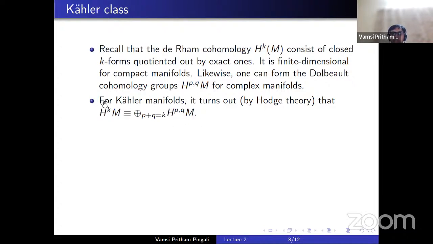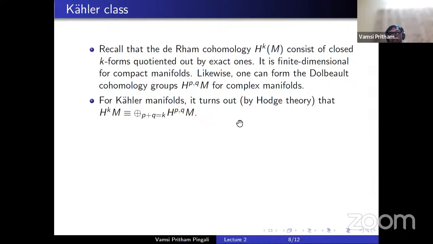If you take this representative and write down its (p,q) parts, those will all satisfy the desired PDE, and they will all be the canonical representatives for these classes. That's how this works. The Kähler condition is used to conclude that if you take the (p,q)th part of the harmonic representative, that will also be harmonic.